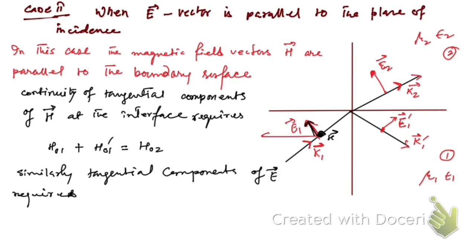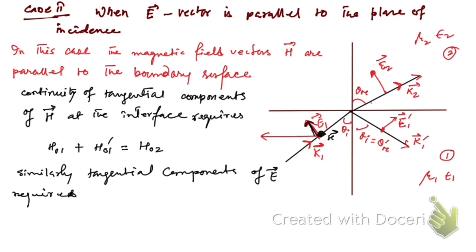So here you see, if this is theta I and this is theta I, which is also equal to theta r dash, that means the angle of reflection is also equal to the angle of incidence, and this is the angle of refraction, theta r. Okay, so now you see, let me write this E1 here.